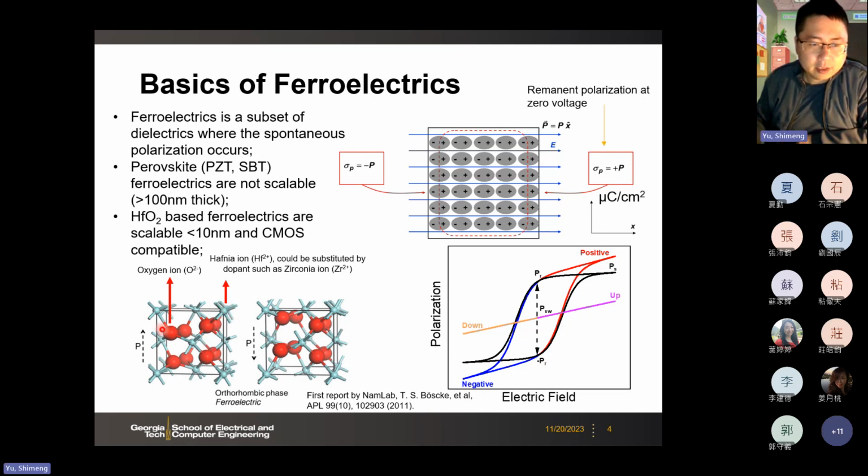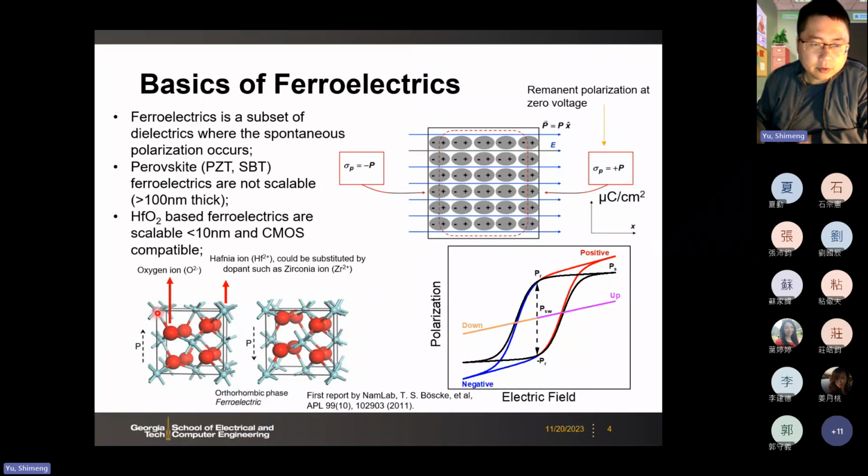Then we can have this kind of stable phase depending on the atom configuration. One is like this, where the oxygen ion is down here. The other configuration is that the oxygen ion is up here.